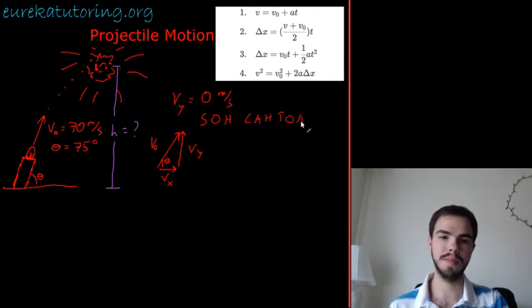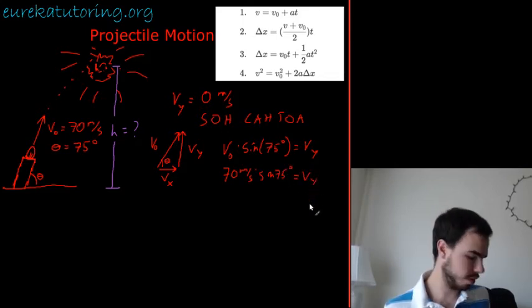So we're going to take the sine of that: V naught times the sine of 75 degrees, which is our angle, equals our Vy. We know that V naught is 70, so we have 70 meters per second times the sine of 75 degrees.